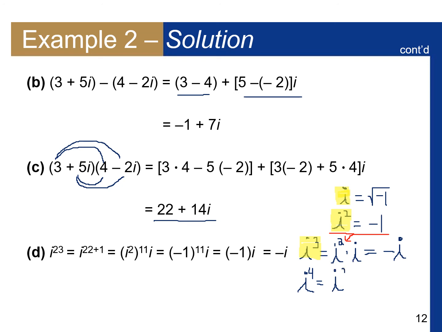So I have i squared times i squared. Now, we know what i squared is equal to. Again, it's equal to -1. So now if I have -1 times -1, then that will give me a +1.